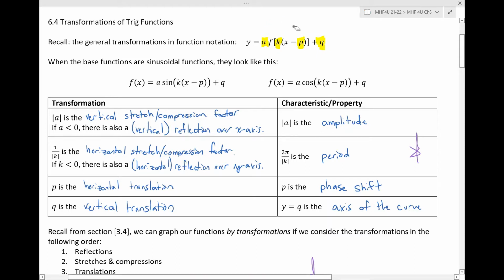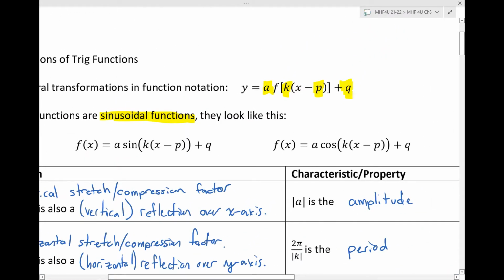Now, when we're working with sine functions and cosine functions, and those are our sinusoidal functions, then the equations look like so. You can see how A, K, P, and Q are still in the same locations in the equation, but this time the base functions are the sine and the cosine functions.